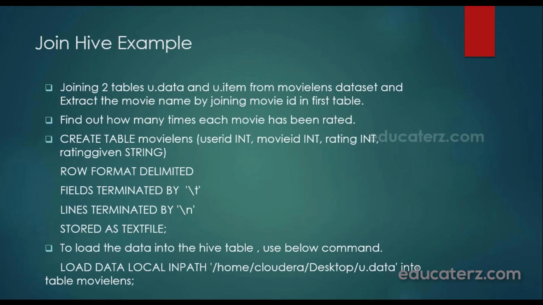And to see the movie name, that is available in another file, the u.item file. So let's create those two tables, load the data into them, and then combine the u.data and u.item tables to find how many times each movie has been rated.